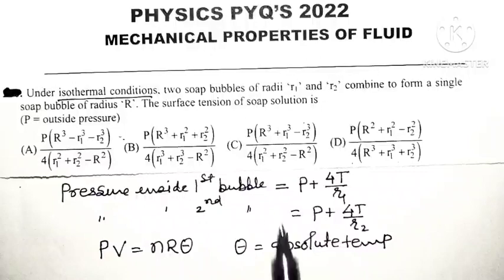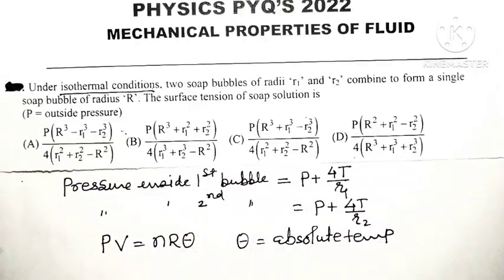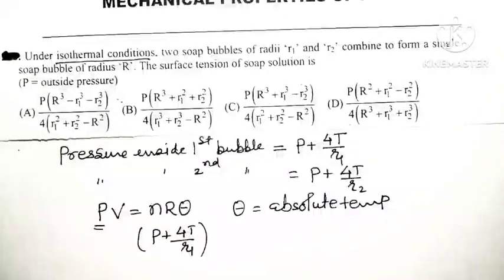Now for the first drop, the pressure is P plus 4T divided by R1. What is the volume of the first drop?